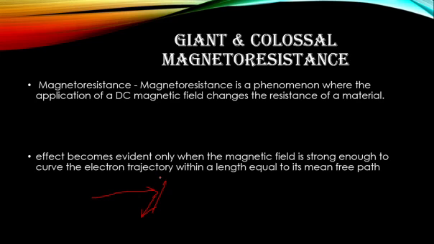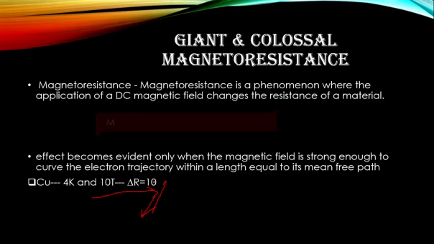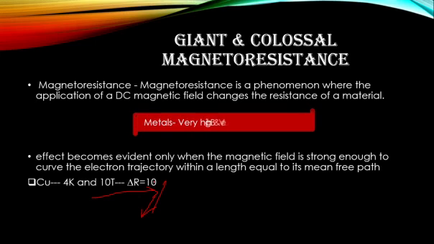In the presence of a magnetic field, if it is strong enough, the electron trajectory will be curved within a length equal to its mean free path. For copper, this would happen at about 4 Kelvin, a very low temperature, and 10 Tesla, a very high field. So that is a disadvantage of using metals.